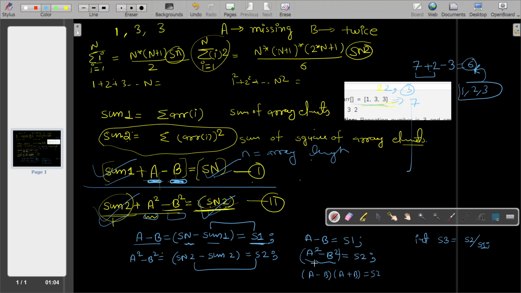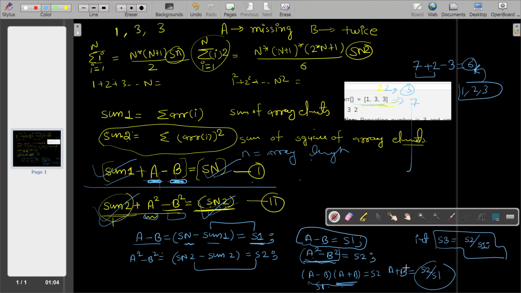You know this formula, a square minus b square. So we will replace a minus b with S1. So what will be a plus b? A plus b will be nothing but S2 by S1, and we have already saved this in S3, right?